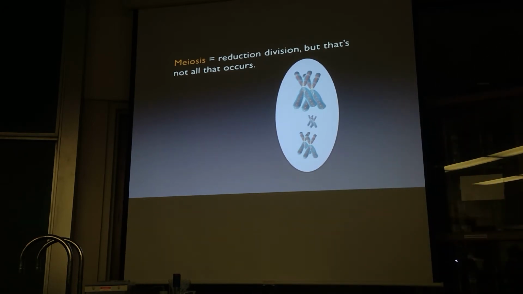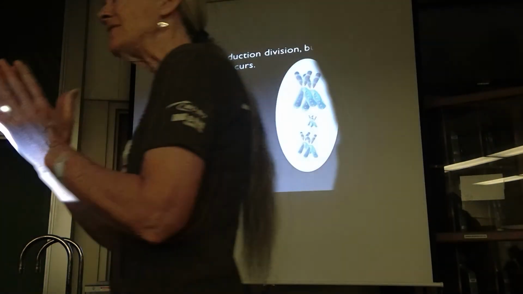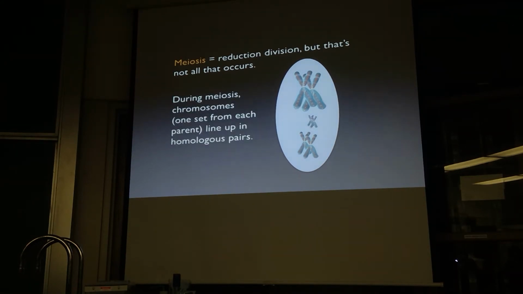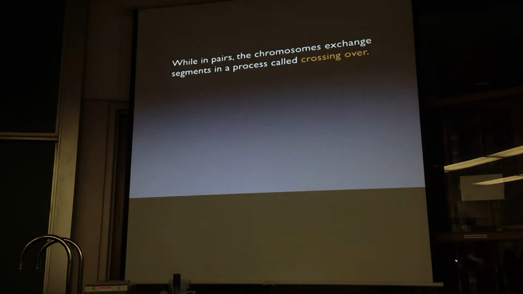Homologous means they're similar, they have genes encoding the same characteristic in general, but they're not identical. One chromosome comes from one partner, say the minus strain fungus, and one comes from the other, the plus strain.